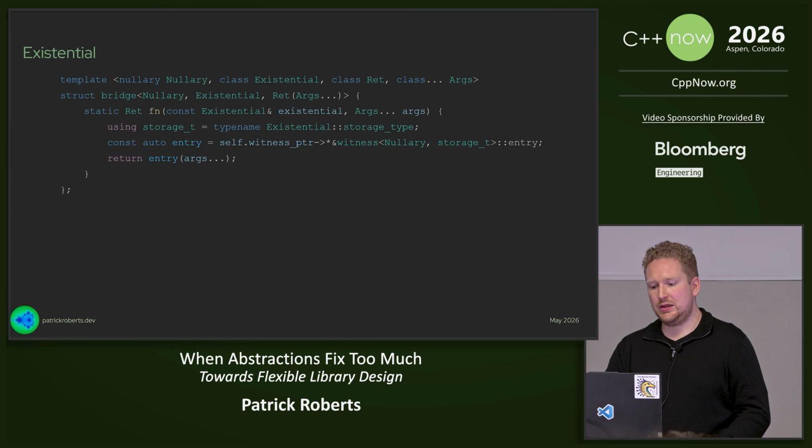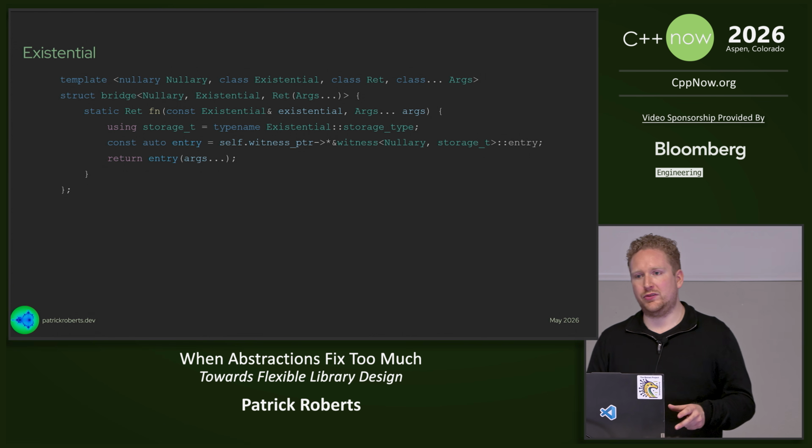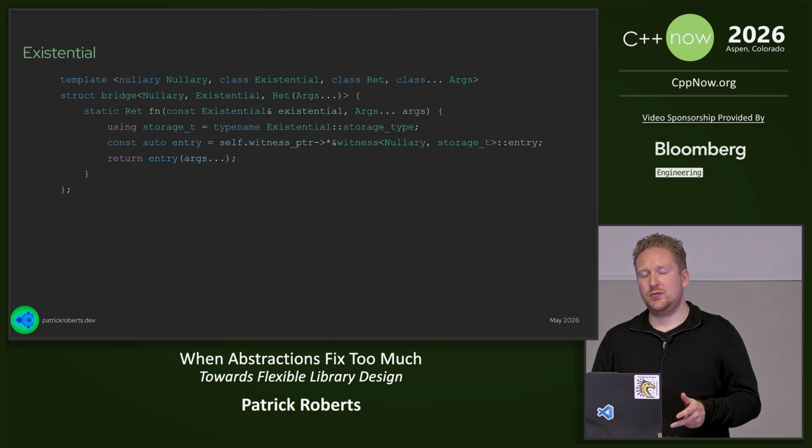Mm-hmm. Yeah, I haven't really thought through entirely, maybe there's a use case where having it at the front still makes sense. One of the things I thought about was the stream operator, and it's a friend function where the receiver is actually the second argument.